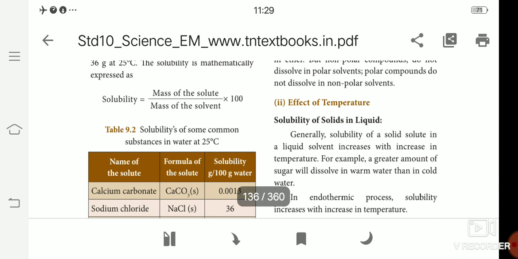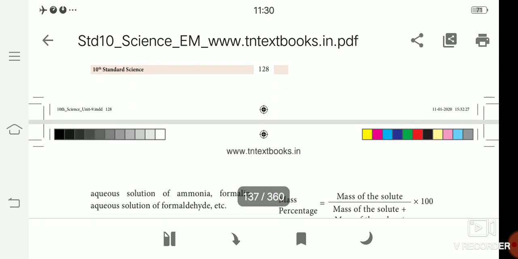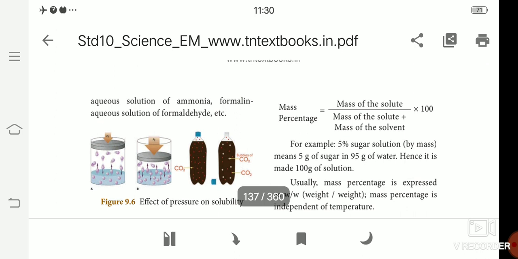One is mass of the solute divided by mass of the solution, where solution means solute plus solvent. The next formula: mass percentage is equal to mass of the solute divided by mass of the solute plus mass of the solvent, multiplied by 100.